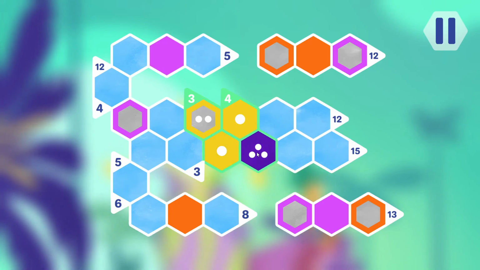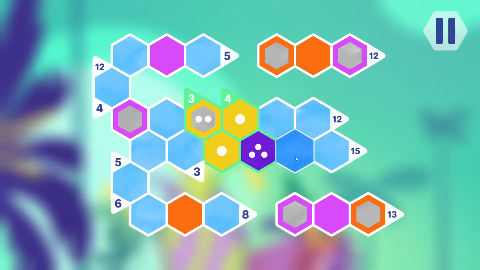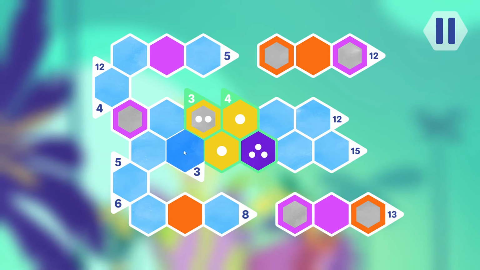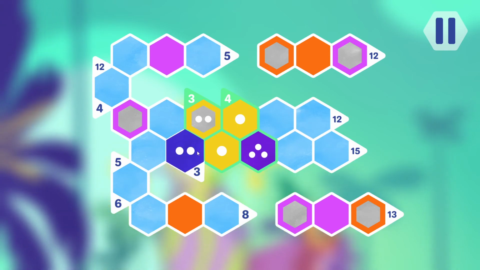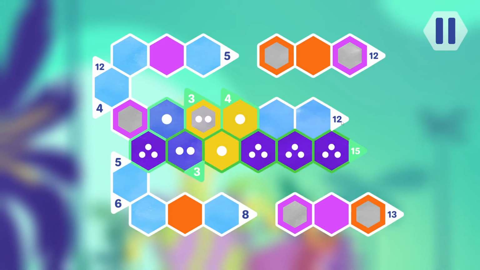So it's 4. So those 4 cells have 11 in total. And since it's 3 here, it can be 3 in this cell alone. So it will be 2 and others will be 3. So 1 remains here.